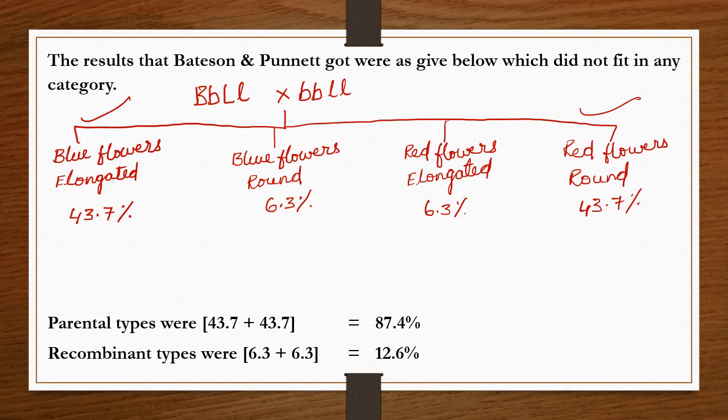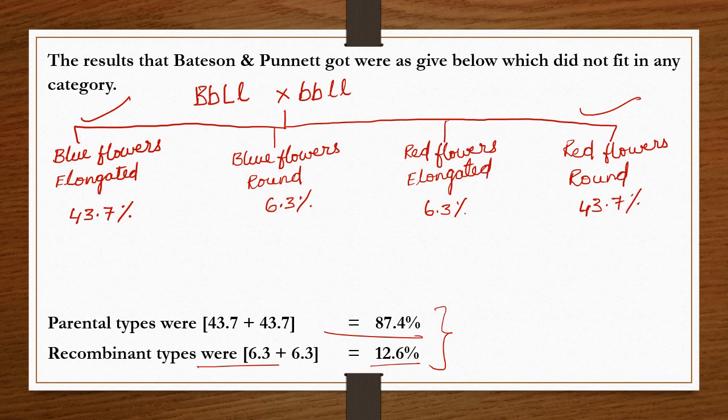The two parental types together were 87.4%, and the recombinant types were 12.6%. This is the result got by Bateson and Punnett.